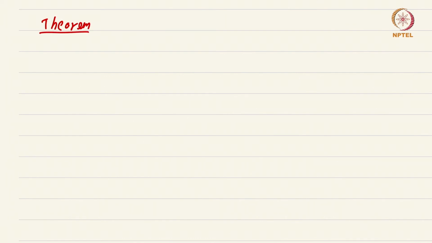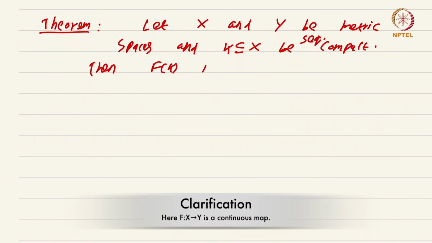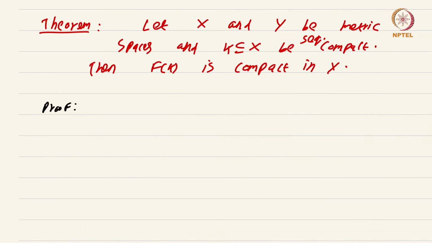Theorem: let X and Y be metric spaces, and K subset of X be compact. Sequentially compact, of course, I keep forgetting to write this. Then f of K is compact in Y. The proof is as easy as what it was on R. Let Yn in f of K be a sequence.